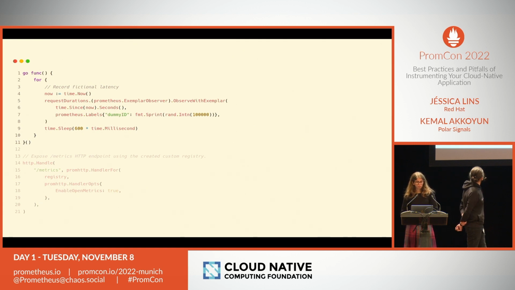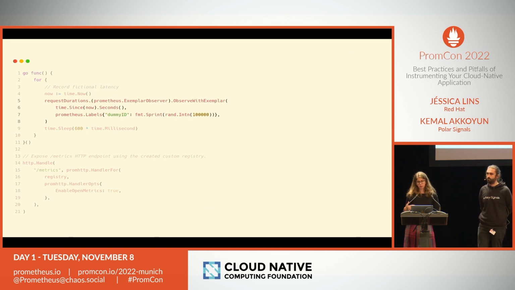And I think the important bit here is that you use this function called observe with exemplar. That's available in the client golang library. And here, in our example, we are passing a dummy ID, right? We are just generating a random integer, and then we pass this to observe with exemplar. So now this latency that we recorded will have the exemplar attached to it.